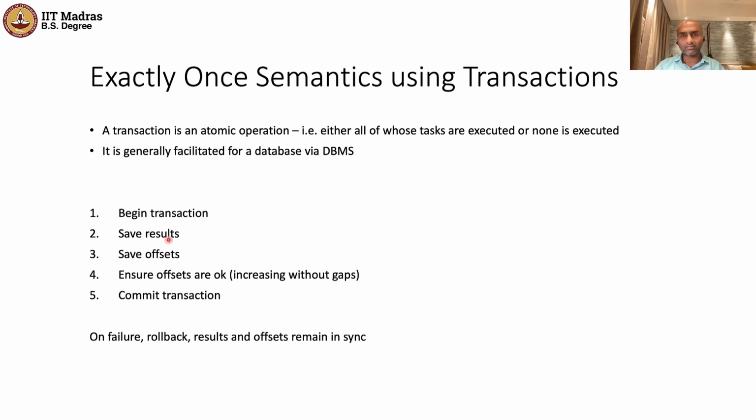So for instance, if the results are stored in a database and that database is also subject to the same transaction, right? Then the database would abort the transaction because the transaction itself has not committed successfully. Before the commit had happened, there is a failure in between. Likewise for the offsets.